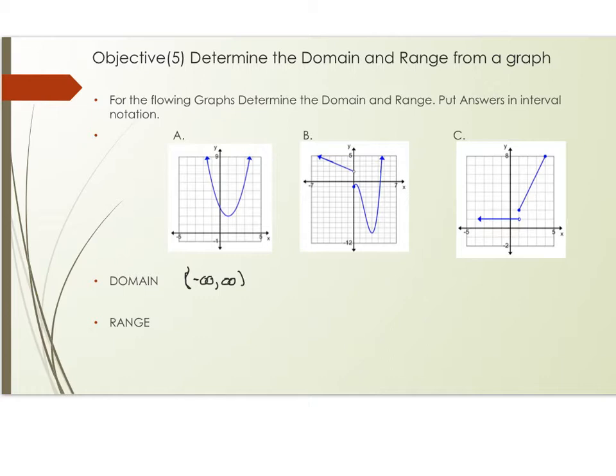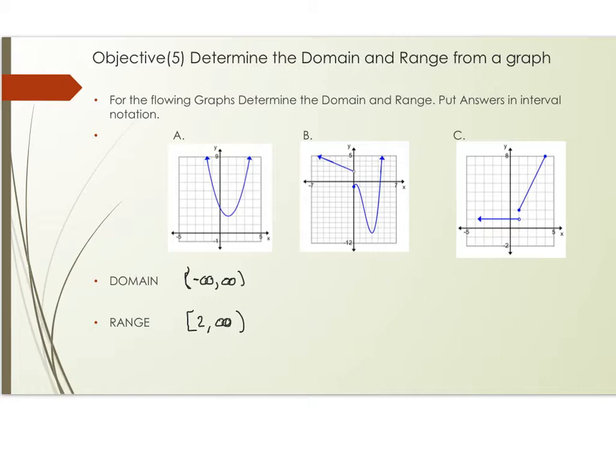The range now, we can look at the graph and we can see that the graph for the parabola ends at y is at 2, and then it goes more positive. So in this particular case we have a bracket and it starts at 2 and it ends at infinity, right?